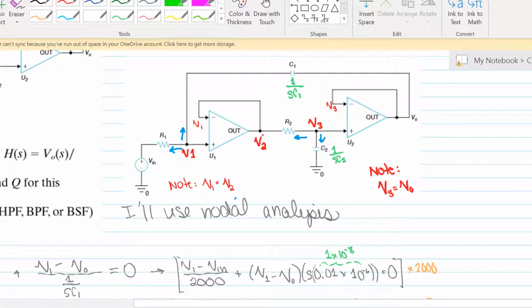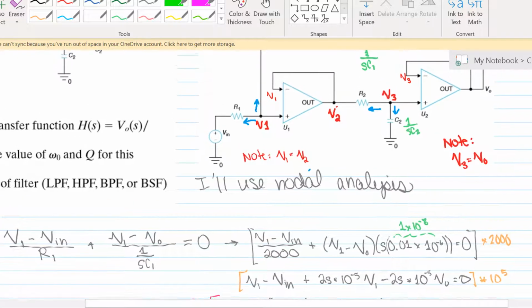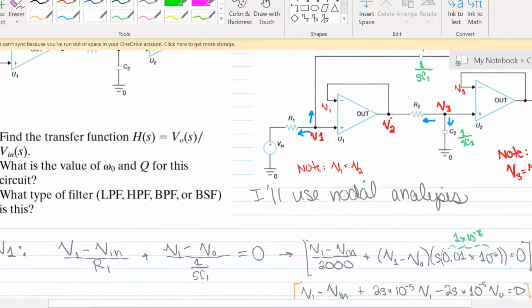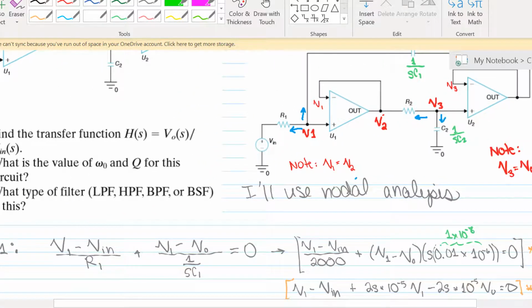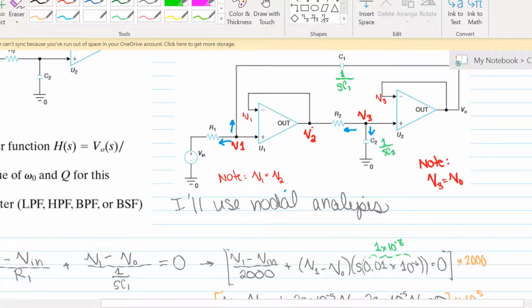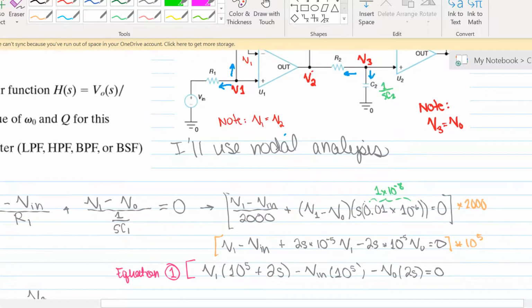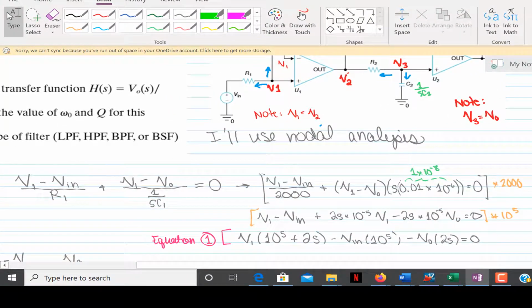I used nodal analysis for those 2 equations. It's relatively easy to get them. I don't know if it's easier to plug in the values right away or leave variables until the very end and then plug in. This time I plugged them in right away.